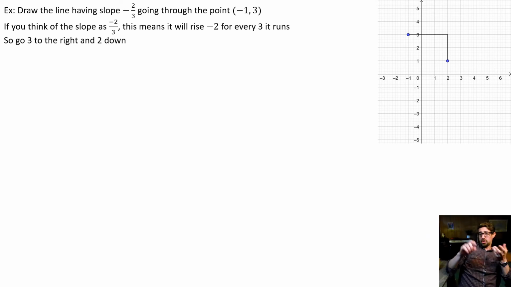Like that. So you literally draw a little horizontal line, go over 3, and then draw a little vertical line, and since it's negative, it goes down, and you go down 2. Now, if you would have gone backwards negative 3 and then up 2, it would have worked as well. I just think this is an easier way to think about it because you can always think of run as being positive. So you're always running from left to right.